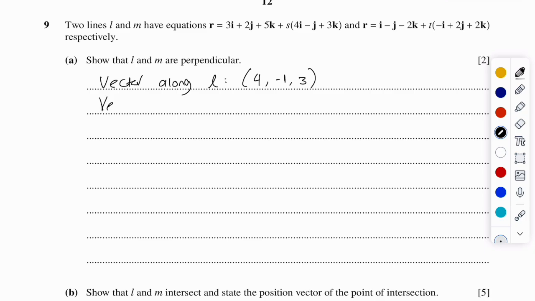The vector along M, that's negative 1, 2, 2. In fact, let's give these names.